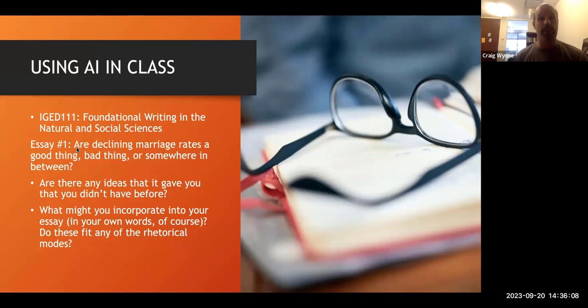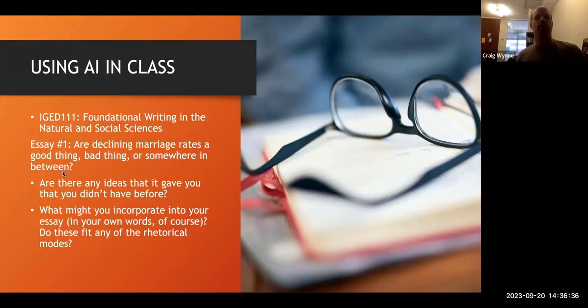And the students get really into this topic as well. Students signed up for ChatGPT accounts, and they actually typed the prompt in there, and it generated essentially the same response for everyone. Students had to read through it and brainstorm: are there any ideas that it gave you that you didn't have before? And is there anything that you might consider incorporating in your essay in your own words?